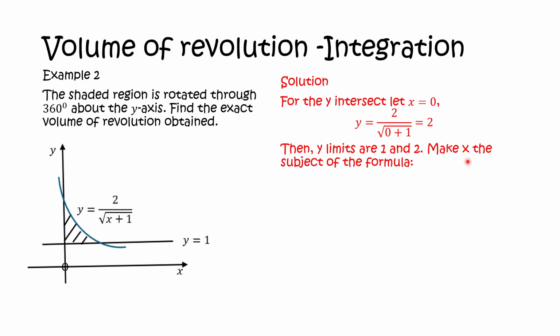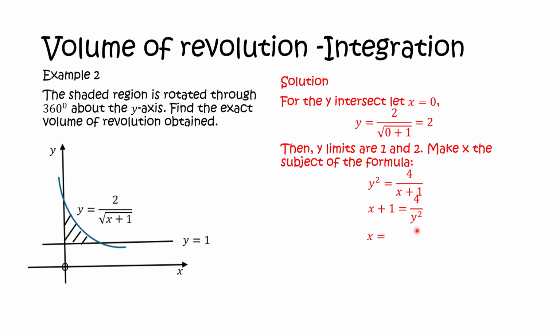So the next thing we do is to make x the subject of the formula, because recall from our formula, we want x squared. So we have that y squared is equal to 4 over x plus 1. Then interchanging the positions of x plus 1 and y squared, we have x plus 1 is equal to 4 over y squared.